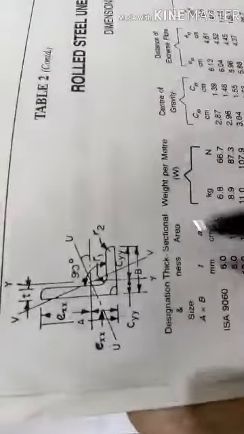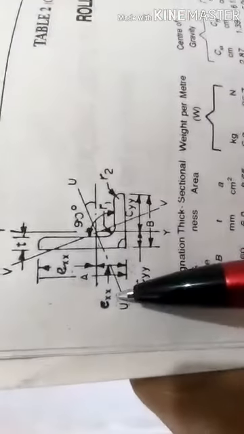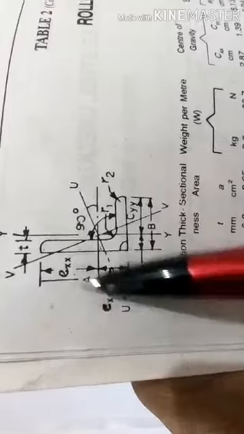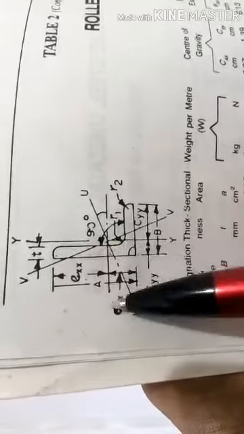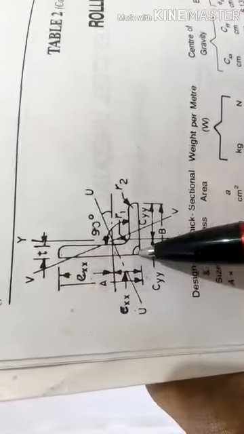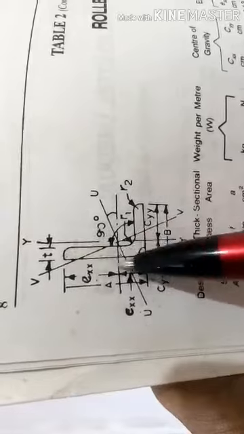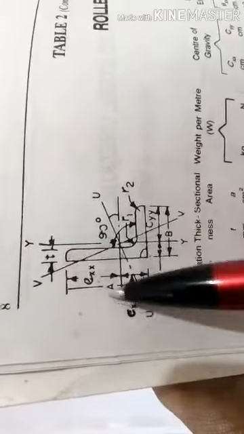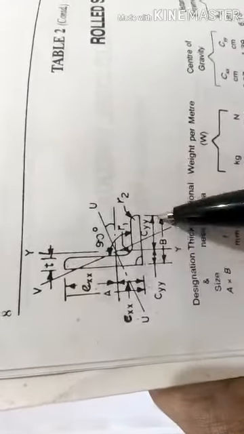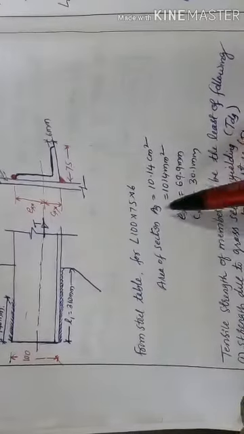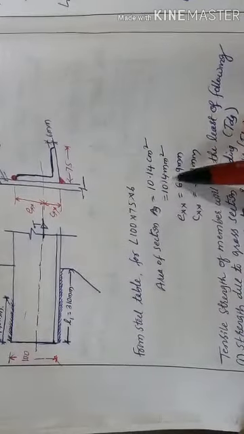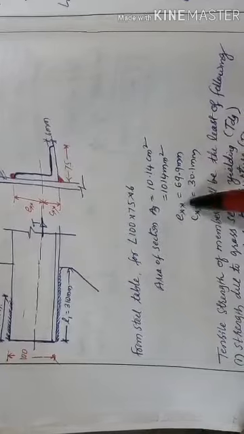Measuring from the x-axis, it is CXX and EXX; measuring from the y-axis, it becomes CYY, EYY. So refer to the steel table and get the properties of that angle section. That is gross area 10.14, that is 1014 mm square, then CXX, EXX, and mark them in this section.